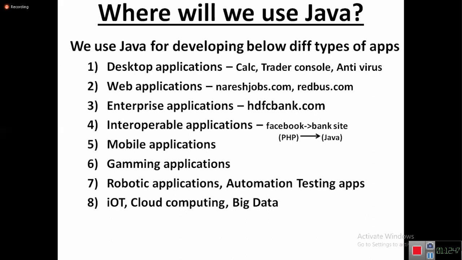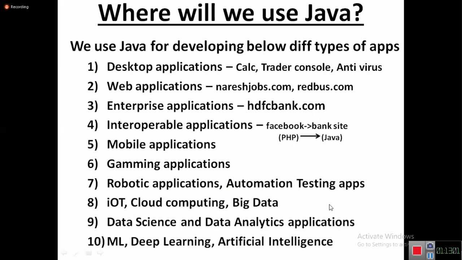So nowadays these 12 applications are the old style of applications: robotic, automatic, automation testing, IoT, cloud computing, big data. These are all old applications, running for many years. Suddenly into the market we got data science, data analytics applications, machine learning, deep learning, artificial intelligence. These are the new things that came into the market.